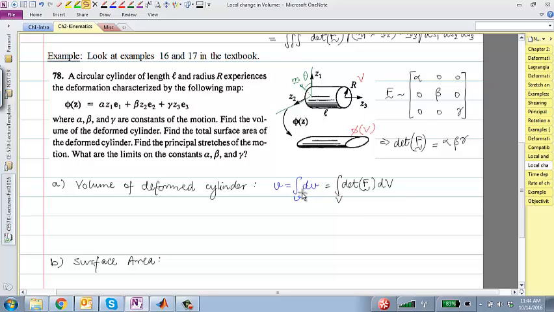That's another reason why we calculate these integrals on the undeformed configuration. So this is nothing but alpha, beta, gamma. Is that a constant? We just said that's a constant. It comes out of the integral, and what we have left is the integral dV. What would the integral dV be?